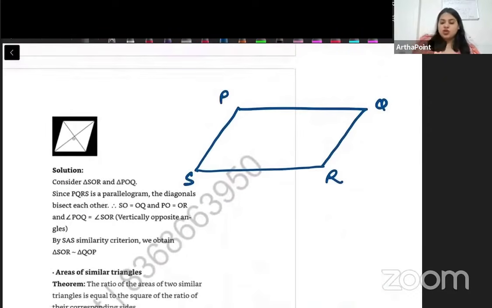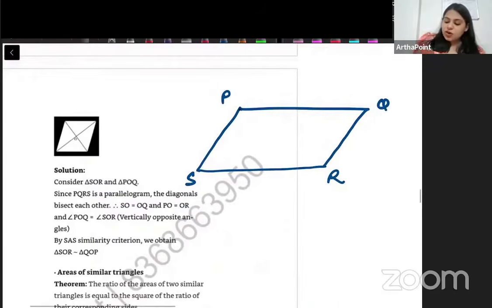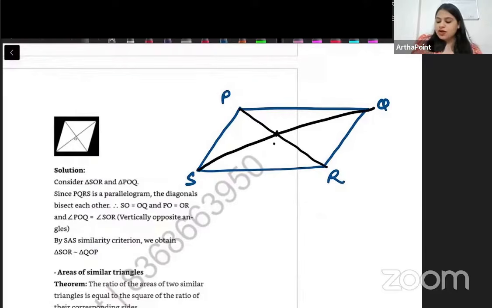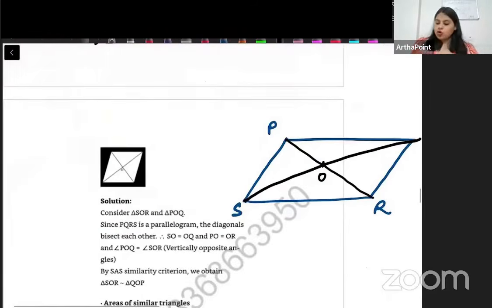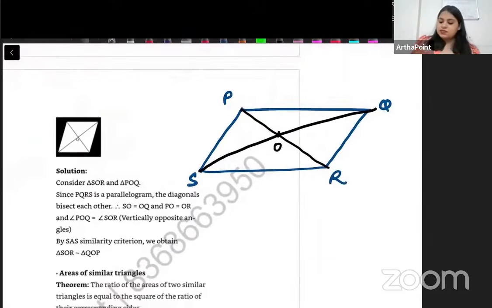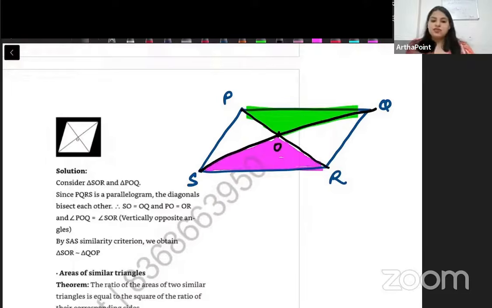So पहले O समझ लो क्या है? O is when I join the diagonals. Then this is O, beta. Now it says POQ, mane this. And SOR, mane this. I have to prove that these two triangles are similar to each other. बड़ा ही आसान है proof करना.